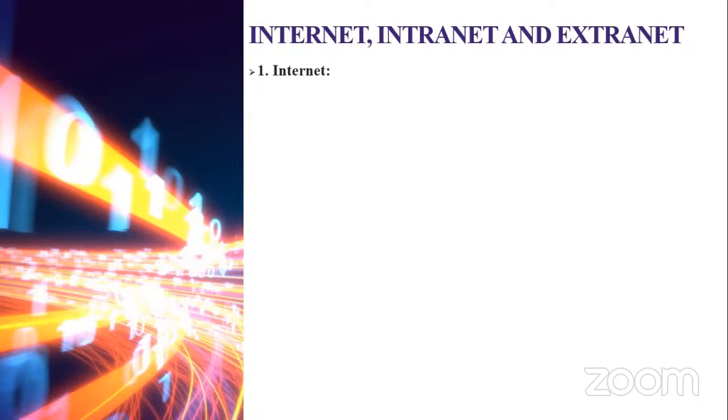Network of networks. Any other? What do you mean by network of networks, ma'am? Connection of devices, sir. That is a network actually. Can someone answer this? The internet is used to connect overall.